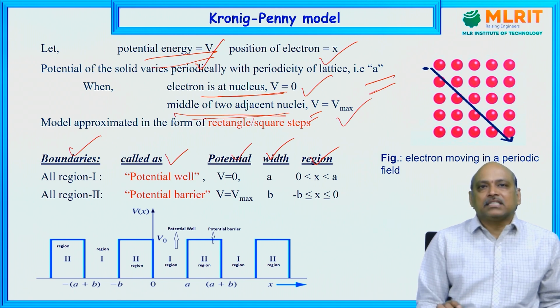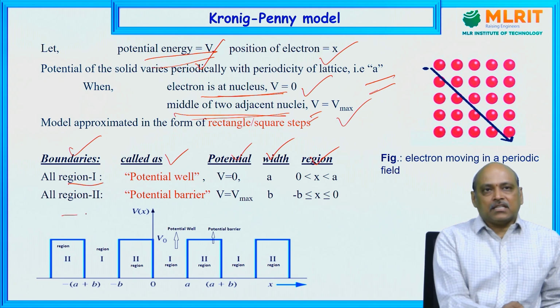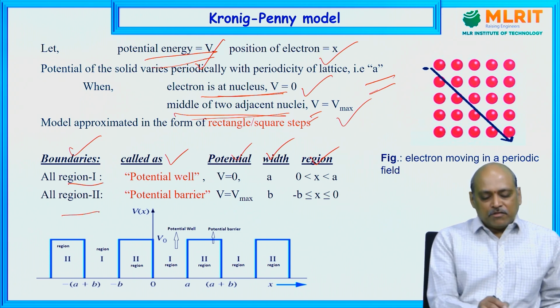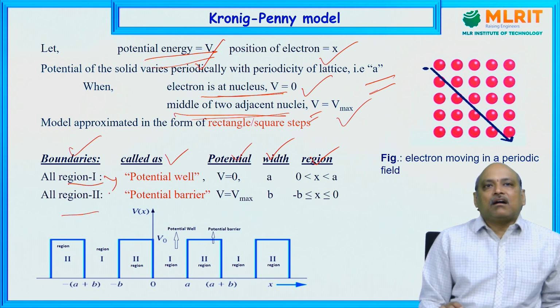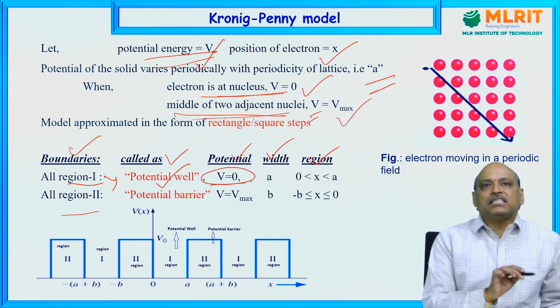we can say that there are two different types of regions, region 1 and region 2. Region 1 is called the potential well. Potential well is the region in which the potential energy is 0.